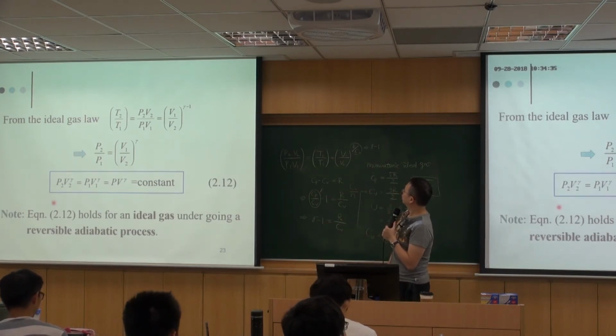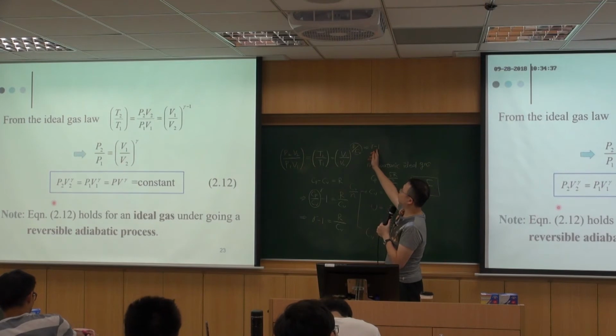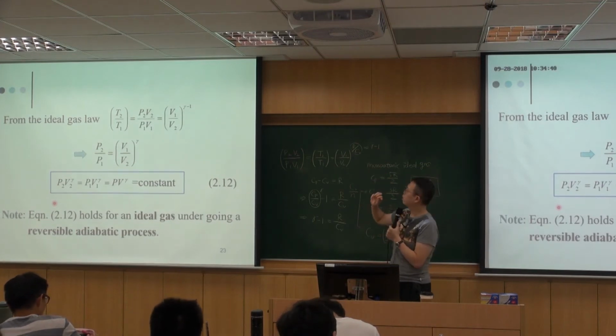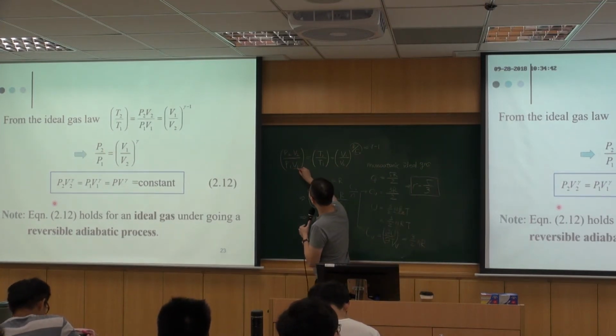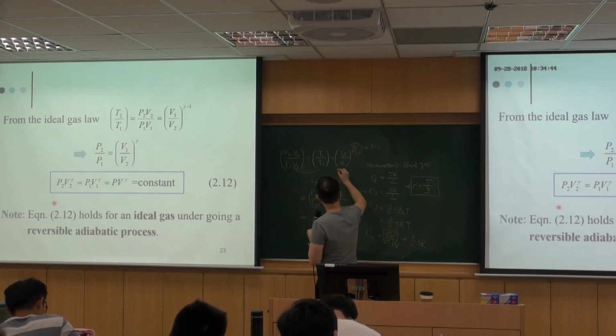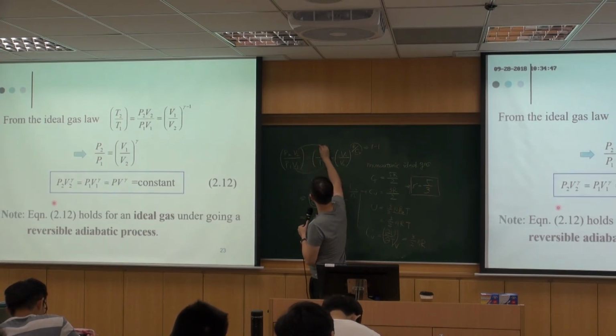Okay? So you'll see why we keep this minus 1 here, right? Because now we can move this V1 here and then move this V2 here.